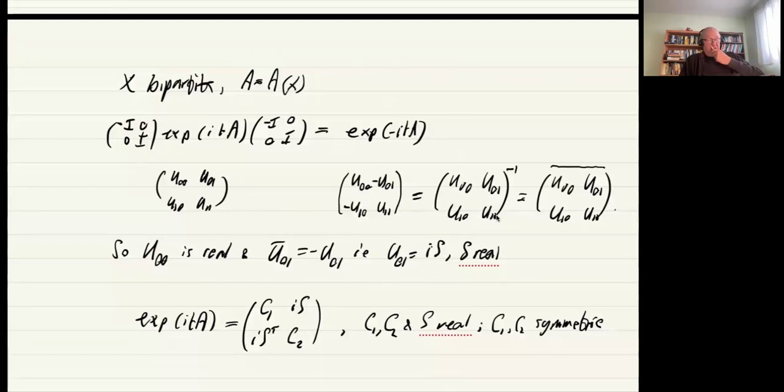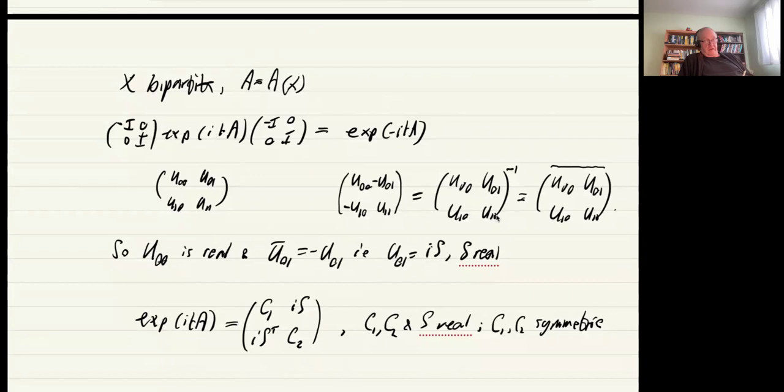And so the conclusion you get is that the diagonal blocks are real, and the off-diagonal blocks you can write as i times a skew symmetric matrix.